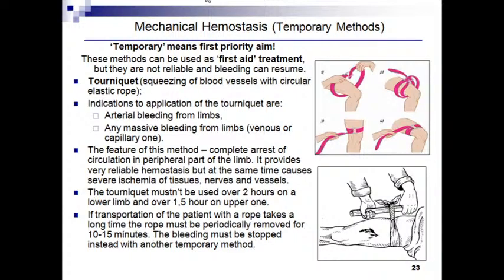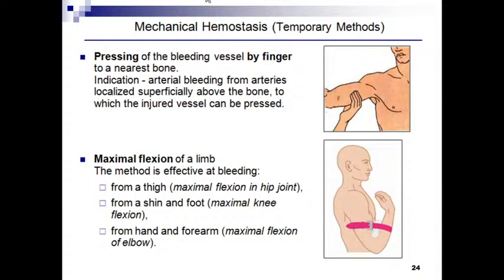If transportation of the patient takes a long time, the rope must be periodically removed for 10 or 15 minutes. The bleeding must be stopped instead with other temporal methods. Inside a hospital, you will provide constant hemostasis.